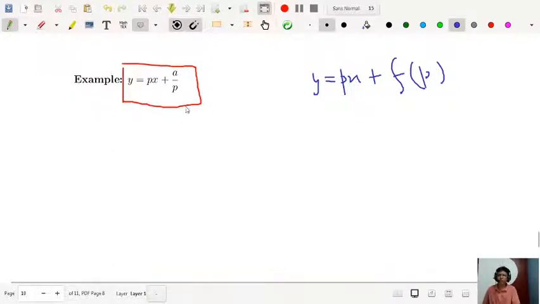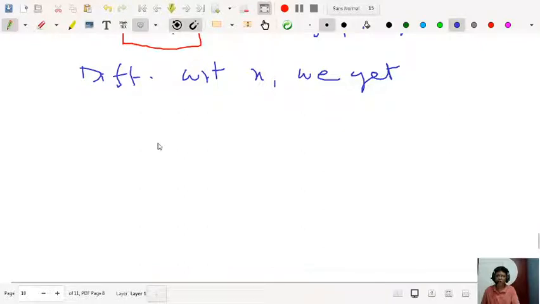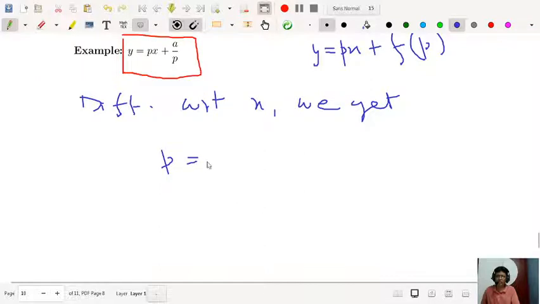Now what do we do with the Clairaut's form? We differentiate with respect to x. So differentiating with respect to x, we get, dy dx, that means p. Left hand side is also p, so I am not writing dy dx here. Your left hand side is p if you are differentiating. p plus x dp dx, because you are differentiating with respect to x.